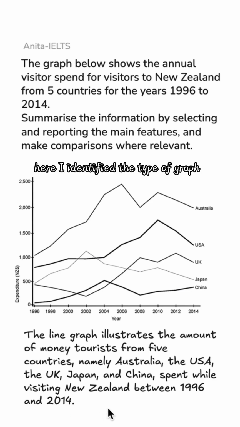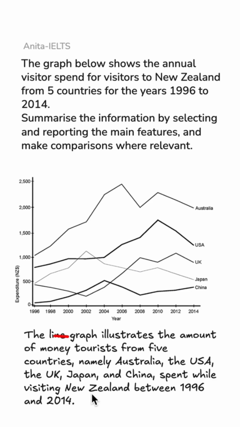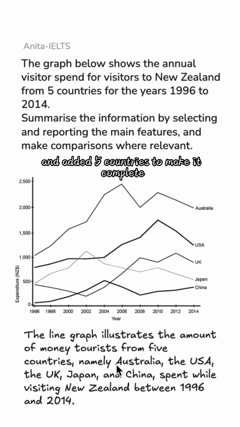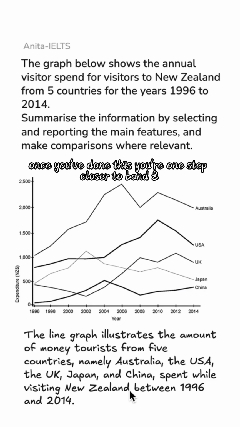Here, I identified the type of graph and replaced the shows with illustrates, spent with the amount of money, and added 5 countries to make it complete. Once you've done this, you're one step closer to Band 8.